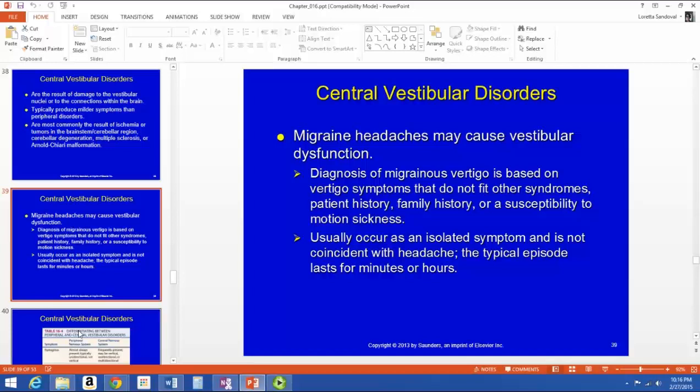They can't figure out what's going on, and maybe there's a family history of it, and it's sort of an isolated symptom that doesn't happen at the same time as the headache. So it's someone who's prone to migraine headaches, and then they have vestibular dysfunction at some other time when they're not having a headache. So those ones go a long time without being diagnosed because they're so unusual.